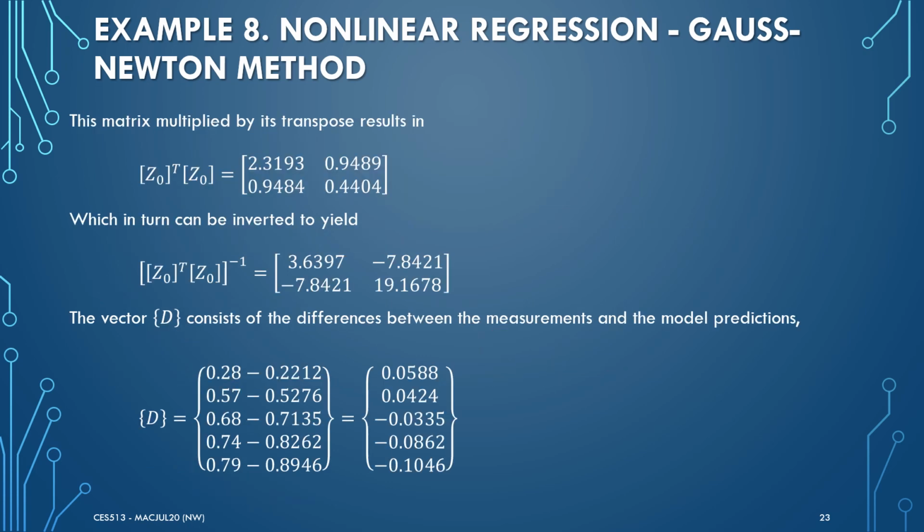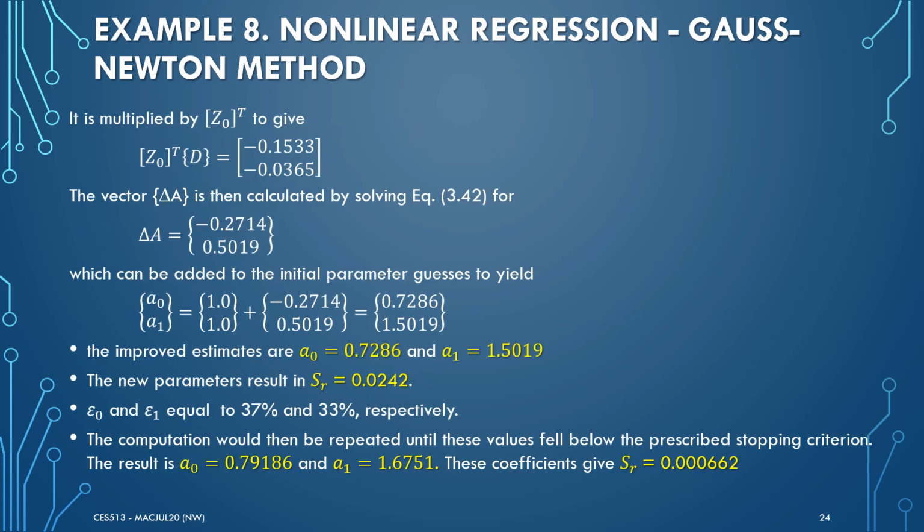The Z0 matrix, when multiplied by its transpose, results in this matrix, which in turn can be inverted to yield this. The vector D consists of the differences between the measurements and the model predictions. The vector D is then multiplied by Z0 transpose to give this matrix.